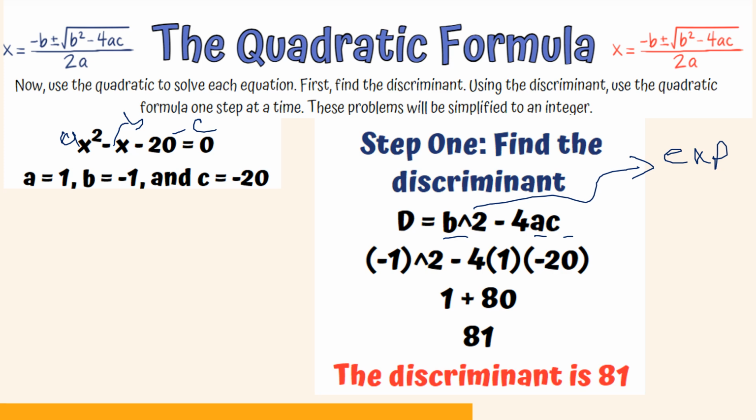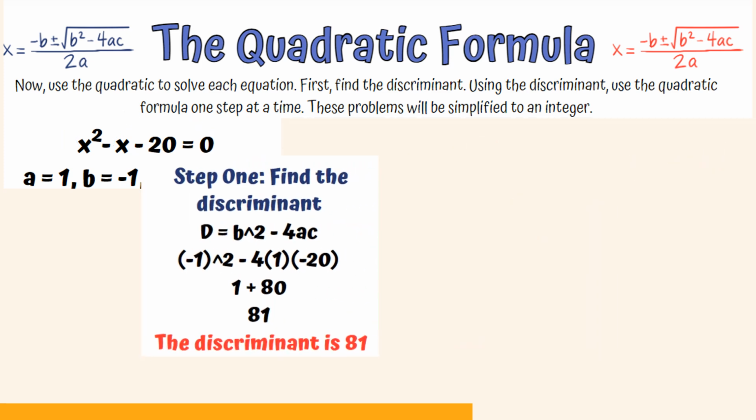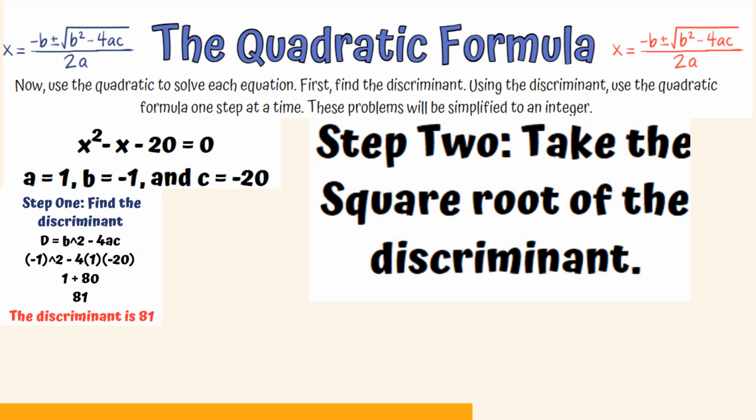You remember what step 2 is? That's right, step 2, we're going to take the square root of the discriminant. You know what the square root of 81 is? It's 9. But is it just 9 or is it plus or minus 9?